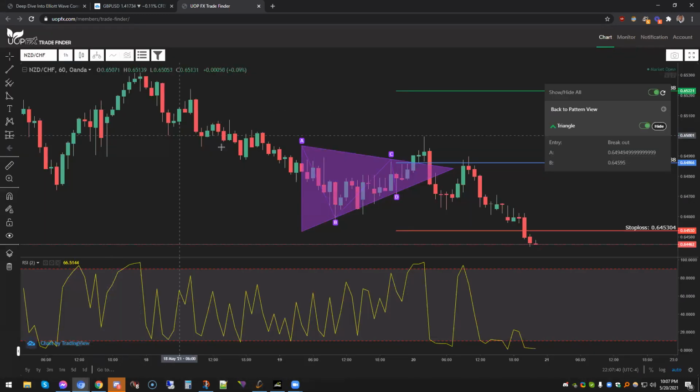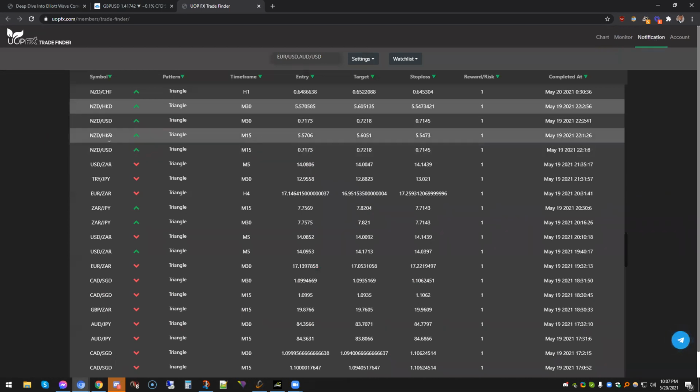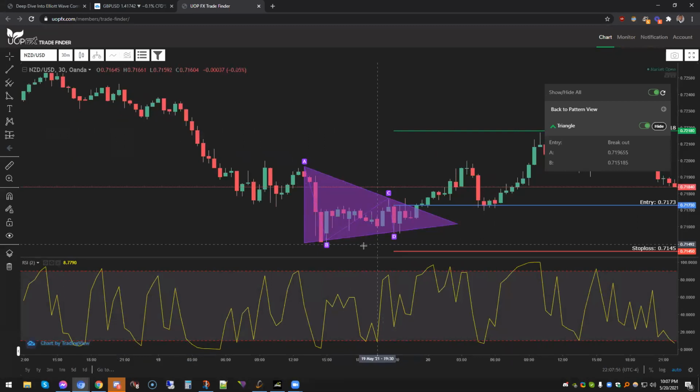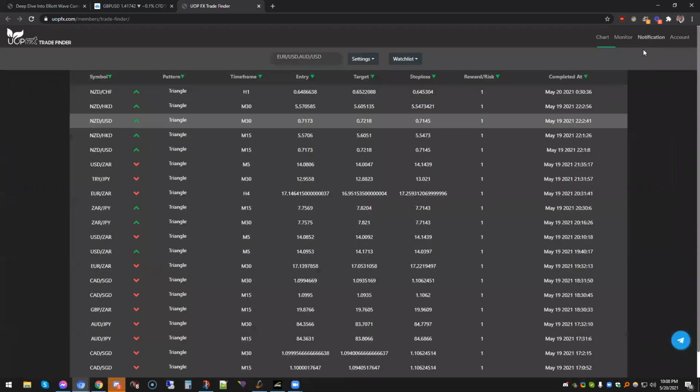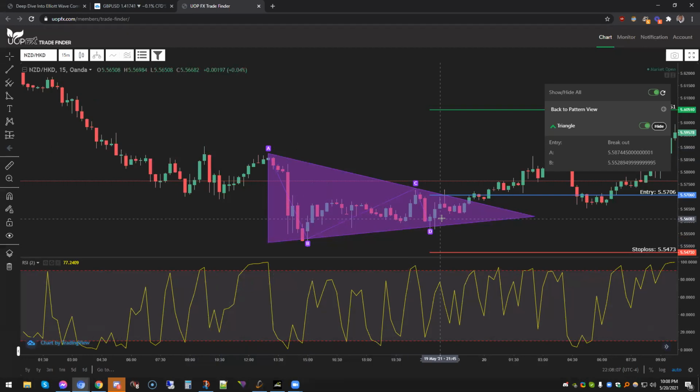Let's see. This one is also not a triangle. Could be considered a wedge. This one could be considered a wedge as well. Very similar instrument. Same here.